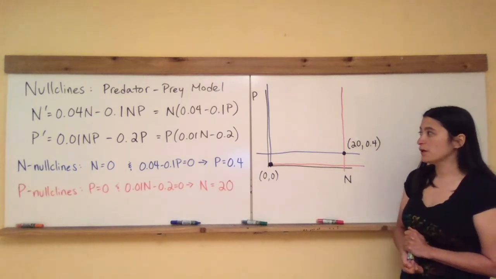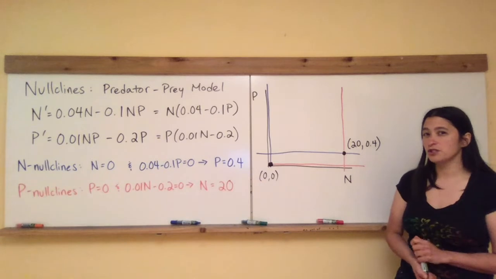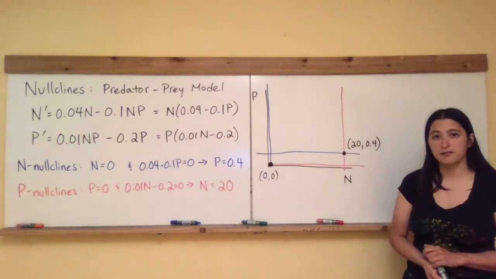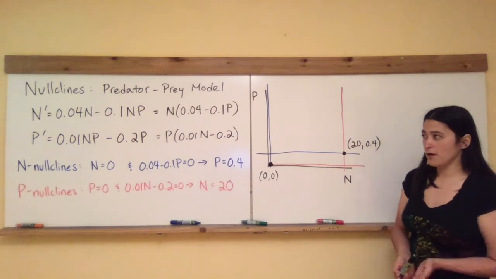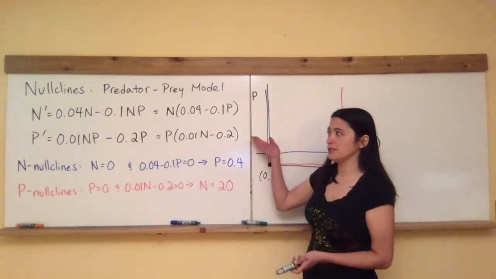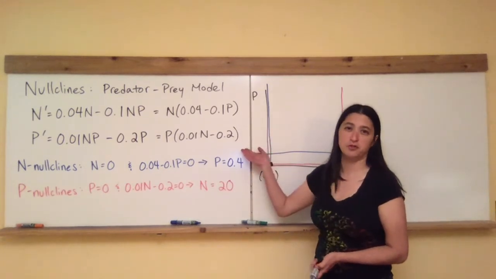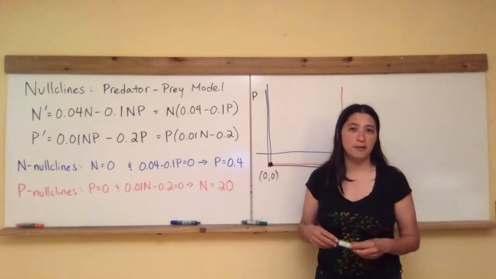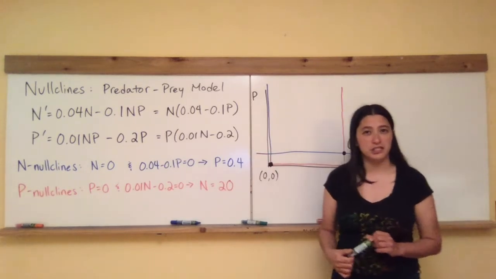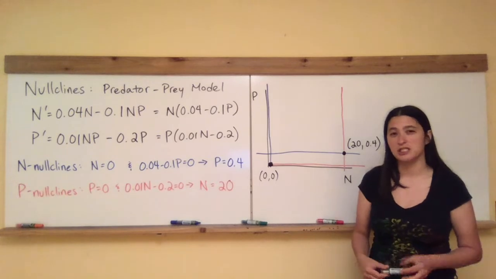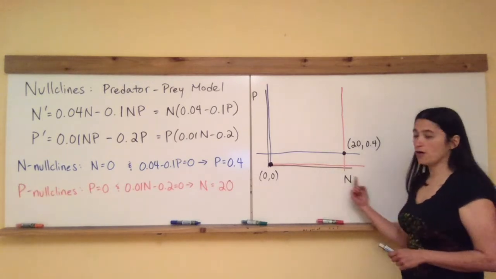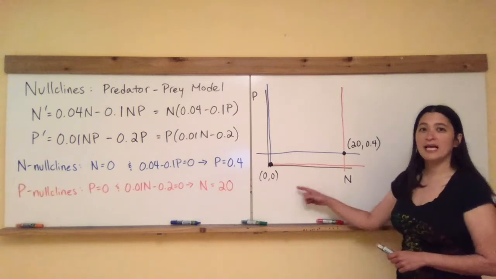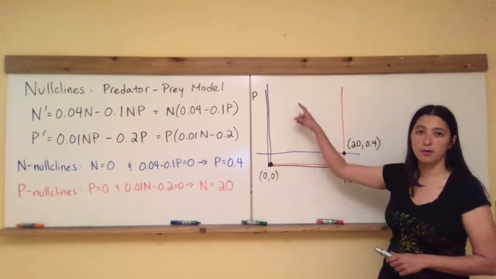Okay, so what we're going to do is we're going to try to describe how the vector field behaves on the Nullclines. Now, I know I just said that Nullclines are places where you set the differential equation equal to 0, but remember that in 2 dimensions, this is a technique for 2 dimensions, the vector field has 2 components. It has a horizontal arrow component and it has a vertical arrow component.